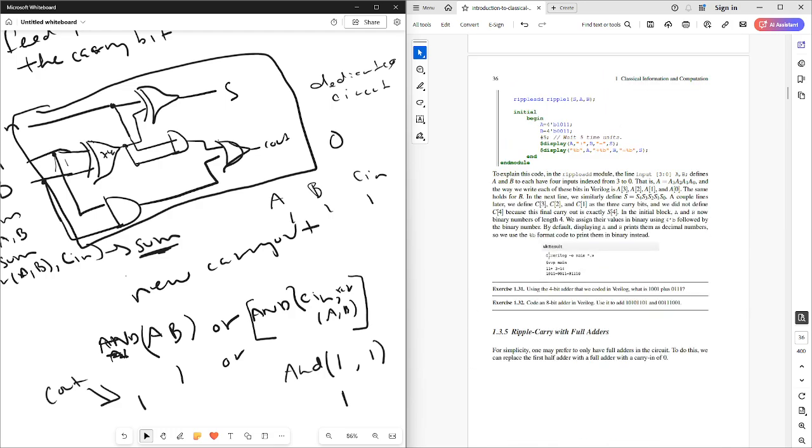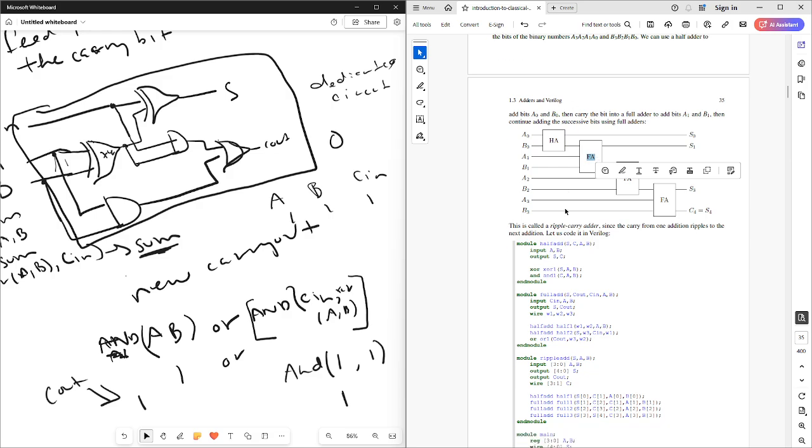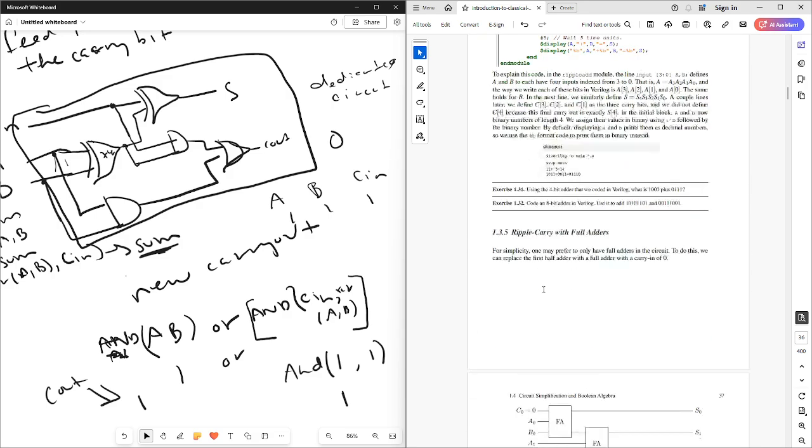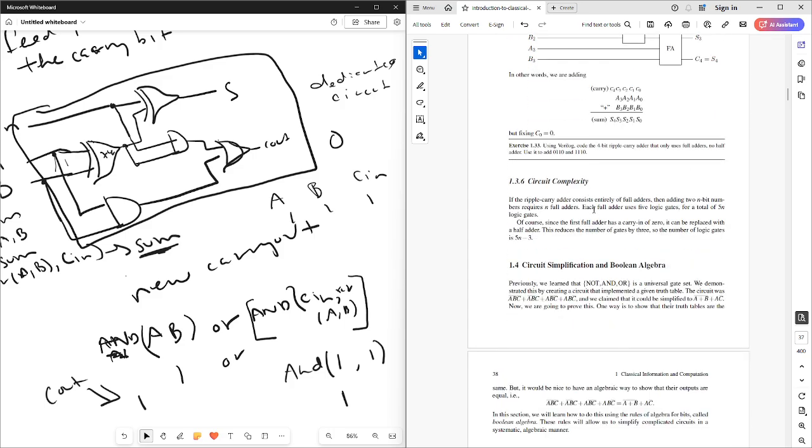You can either start with a half adder, which will just take the first two bits, A sub 0 and B sub 0, add them together and pass out the sum and carry, and then that first carry out will feed into the carry in for the first full adder. Or you can just do all full adders and feed in 0 as the first carry in value.